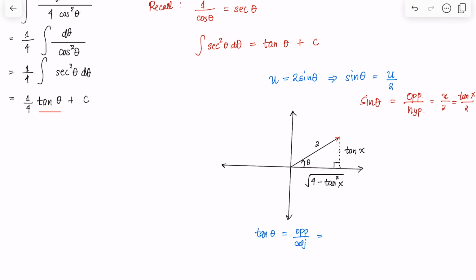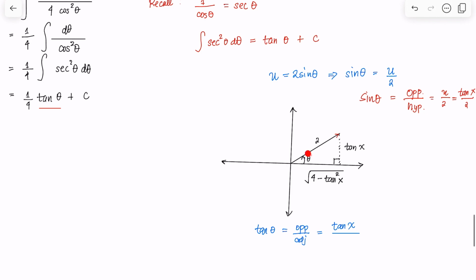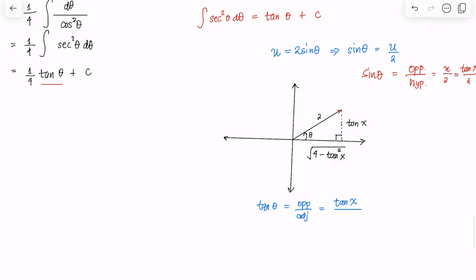So you write here the tan of x, and then the adjacent with respect to this angle is this term over here, the square root of 4 minus tangent squared x. Right. So that's your tan theta.